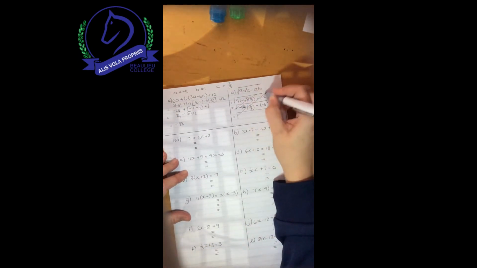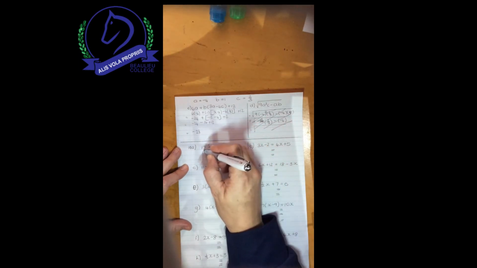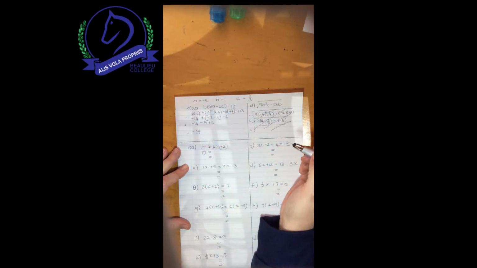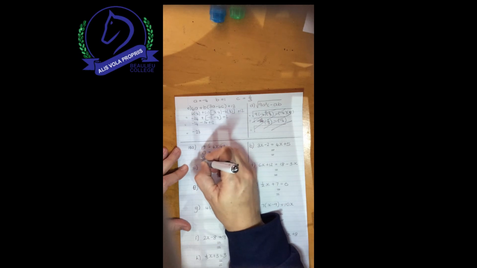Right. So moving on to question number 10. That was quite easy. Let's just do that. So 17, the 2 will move to the left, it becomes minus 2, so 17 minus 2 is 15, equals 4x, so it's 15 over 4.